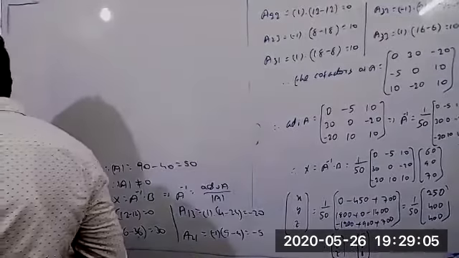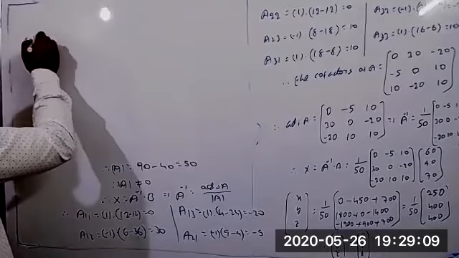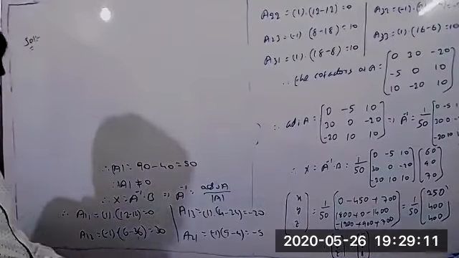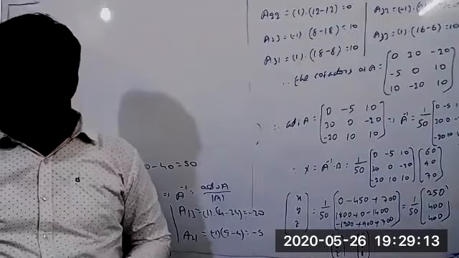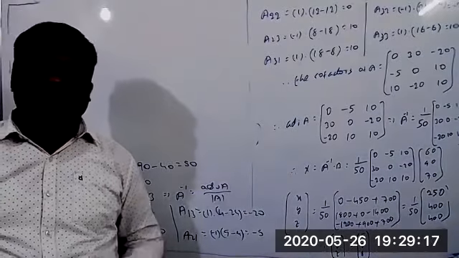So tell me, what are the three numbers? The sum of three numbers equal to 2 is given, but what are the numbers? We don't know.